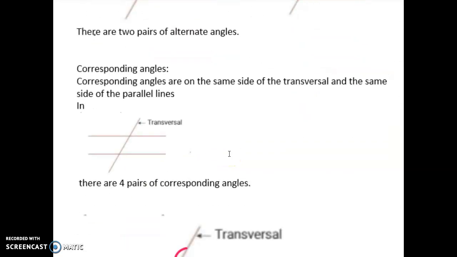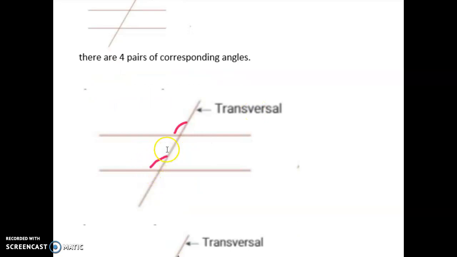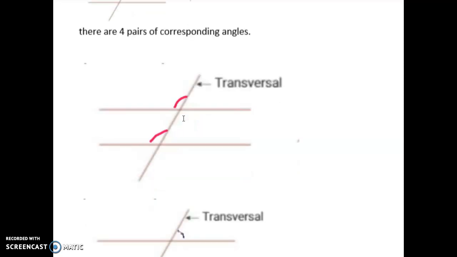If we're looking at corresponding angles now, we're going to use the same parallel lines and the same transversal. This time they're on the same side of the transversal and the same side of the parallel lines. Here we have four corresponding angles. Here and here they're both above the parallel lines and to the left of the transversal.